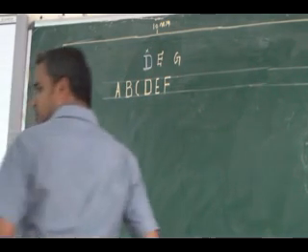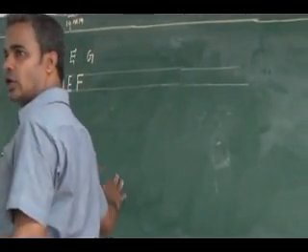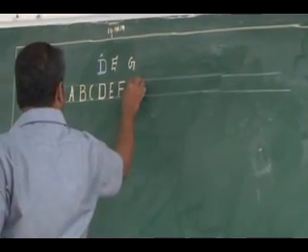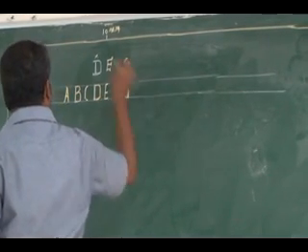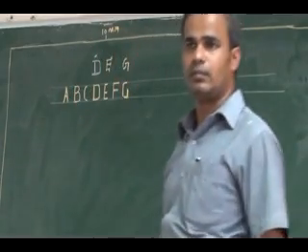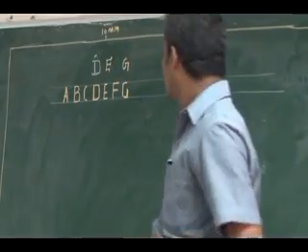This is the wrong one. In our drawing, we have to write the G and it should end like this.